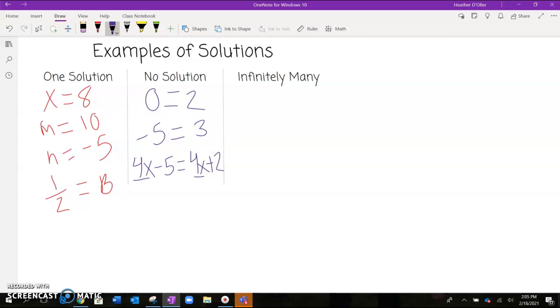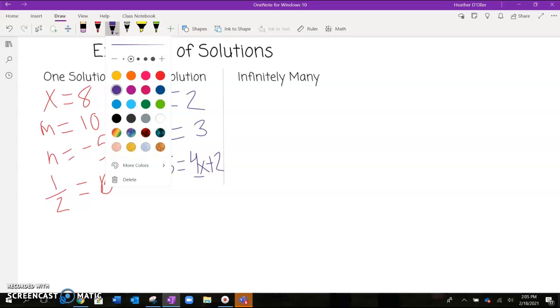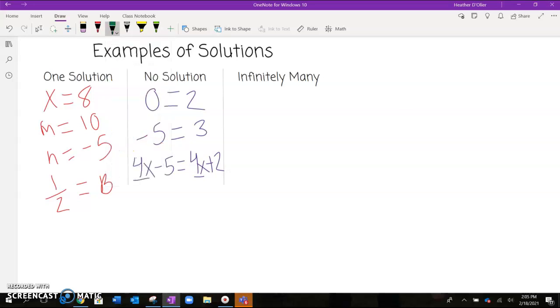All right, so thinking about infinitely many. If I had the answer 5 equals 5. That is true. There are infinitely many answers. If I get that 4x equals 4x, that's true.